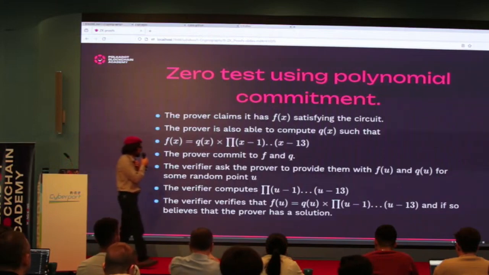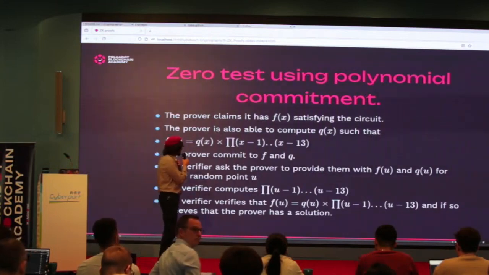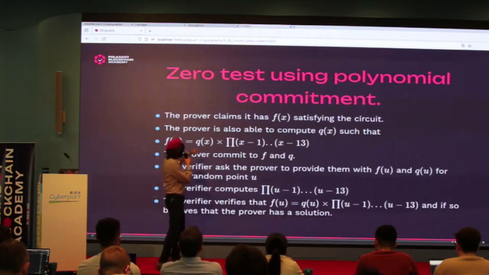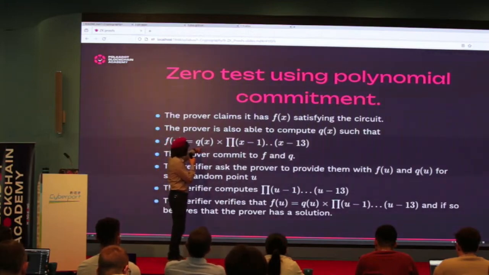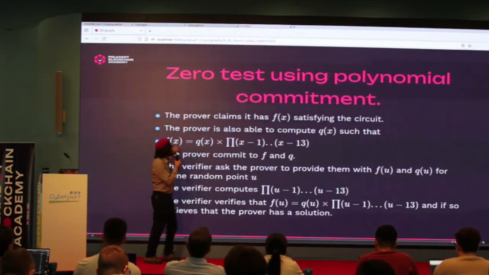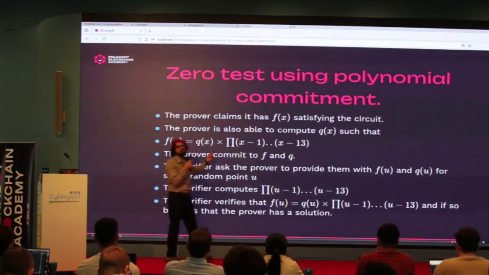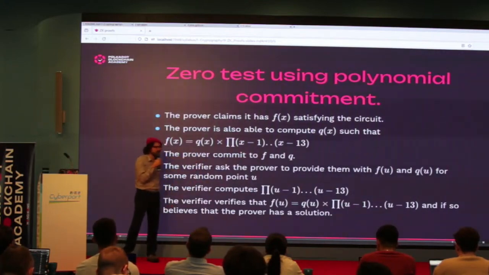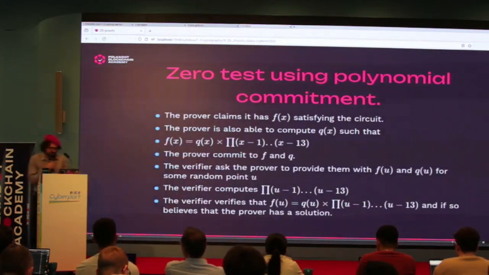Does q(x) also evaluate to 0? No. f(x) evaluates to 0 on 1 to 13, but not q(x), because q(x) comes from the remainder relation. q(x) is some other polynomial. Let me show you in Sage.